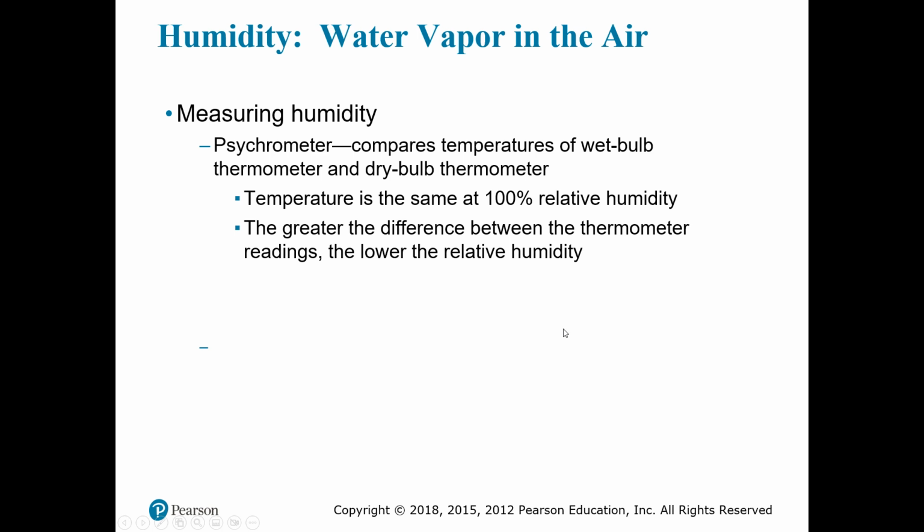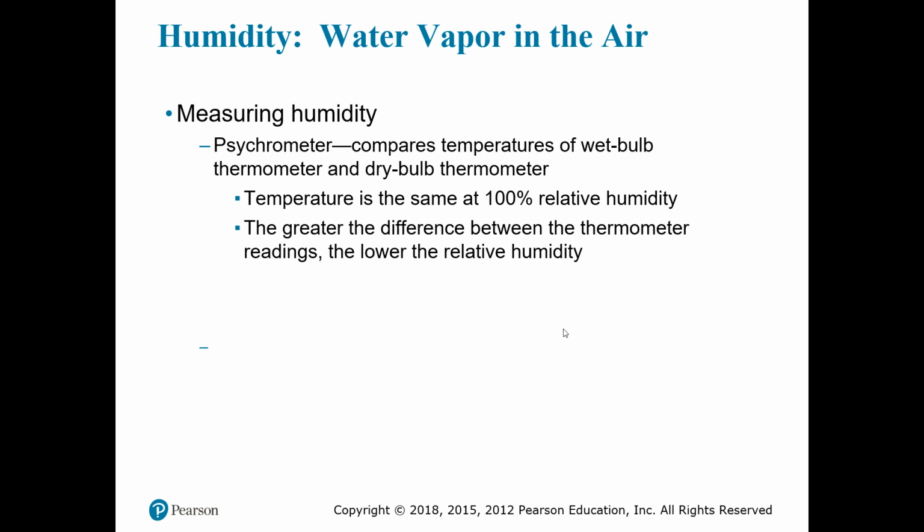A psychrometer is the tool that is used to measure humidity, and we do this by comparing two different thermometers that are sitting next to each other. One is called a wet bulb, so we literally wet a piece of cloth that's surrounding that bulb of the thermometer, and a dry bulb thermometer.